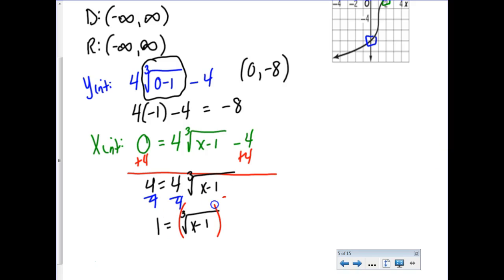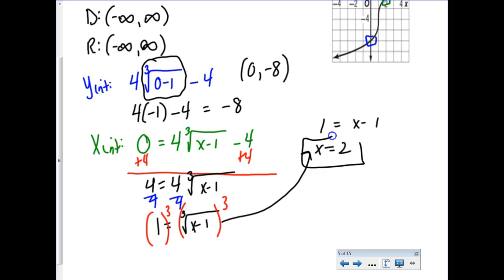So cubing this side, they go away. Cubing a 1 is very boring because it's just 1. So after all this work, I just got 1 equals x minus 1, and you were correct, dear. It is x equals 2. So you can just say 2 is your x-intercept, or if you want to get fancy and write it as an ordered pair, you would write (2, 0). Very good.